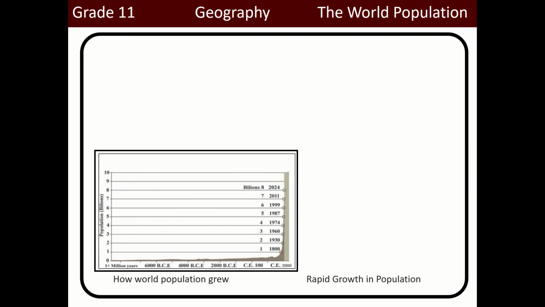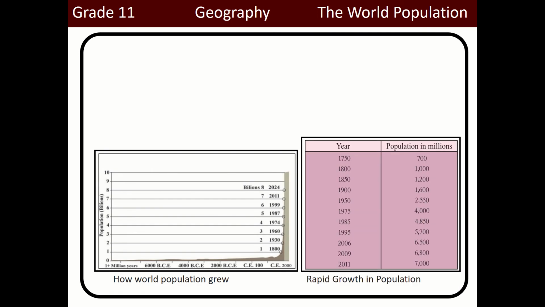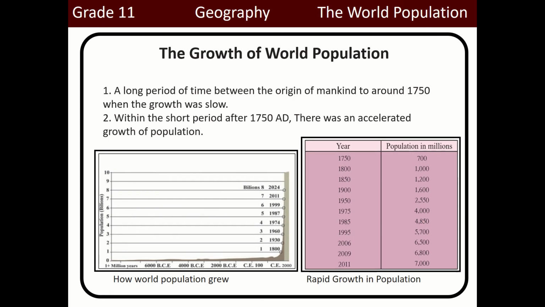Dear children, now we are going to discuss the growth of world population. Based on archaeological and recent evidence, it is clear that there has been a continuous growth of world population. When we look at the historical data regarding world population, two notable periods can be identified.